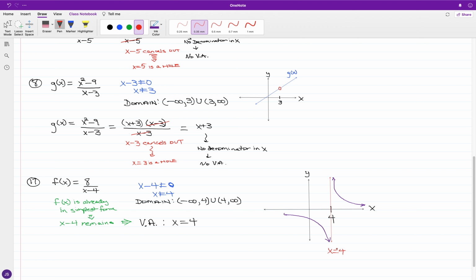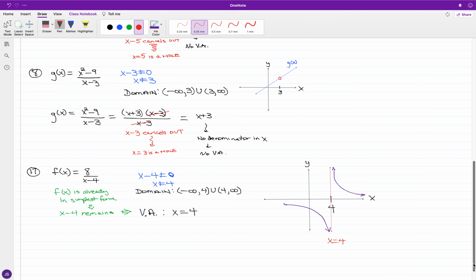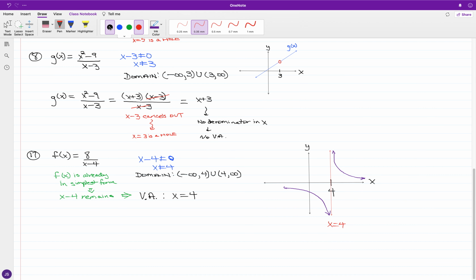Notice that as y decreases, this portion is getting closer to the vertical asymptote, and as y increases, at least on the left hand side, this portion runs tangent. But again, vertical asymptotes are off limits. This will be the general behavior of f of x, which is split into 2 distinct sections thanks to the vertical asymptote x is equal to 4.